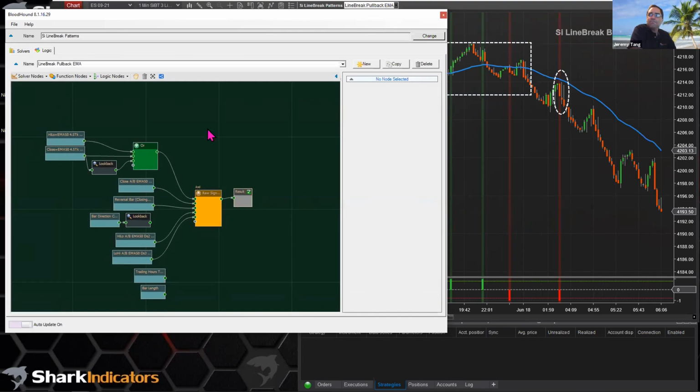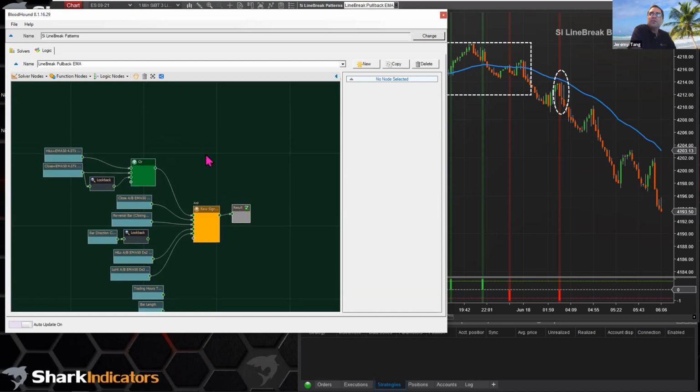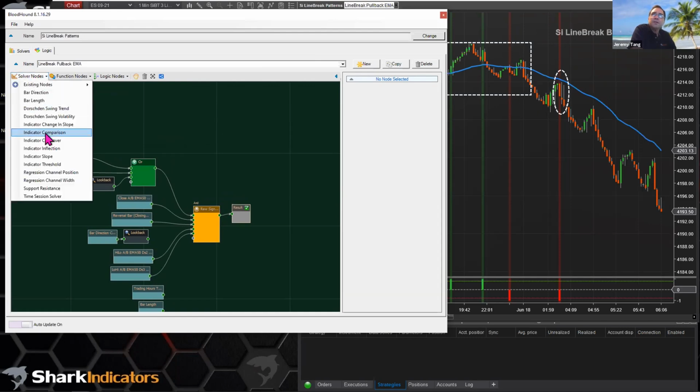Actually, I'll just jump right into it, and I have some other simple things to show you guys later too. So we have basically the raw system here, and I'm going to slide that down a little bit and grab a slope solver.